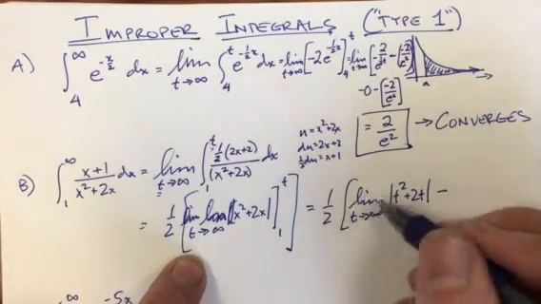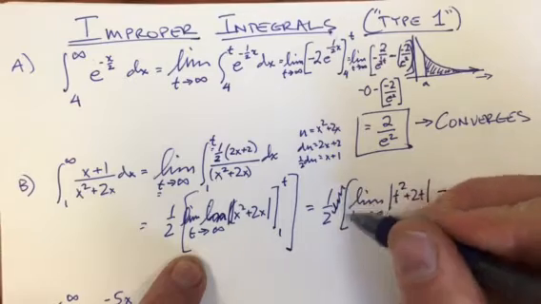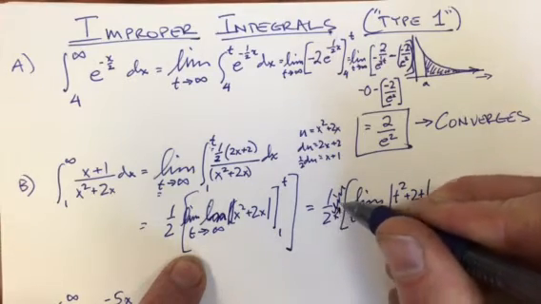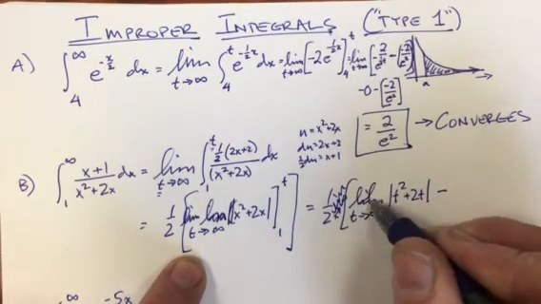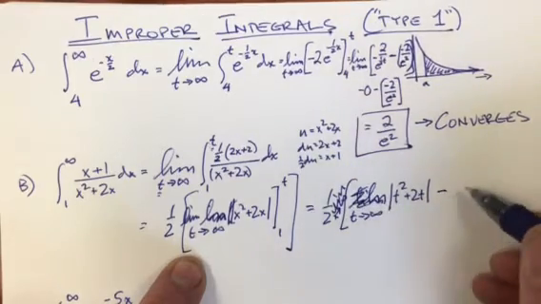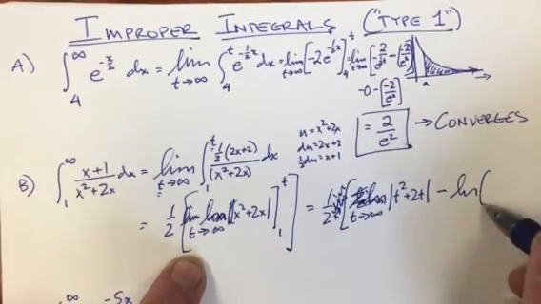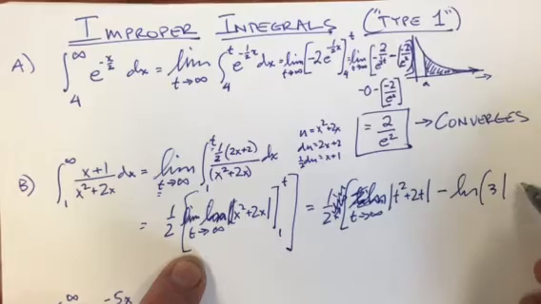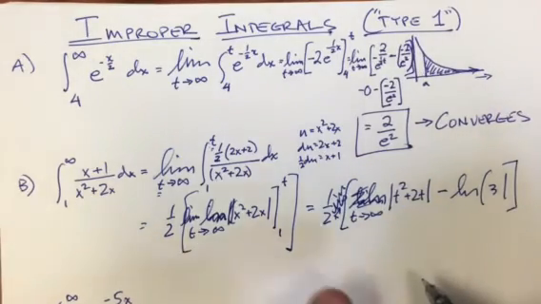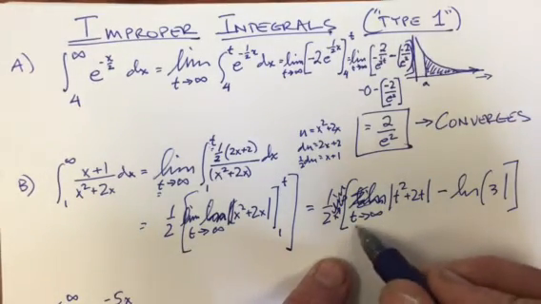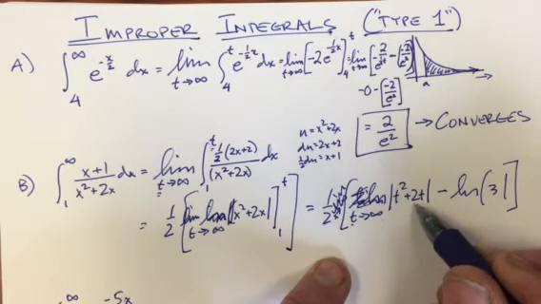So this is the limit as t goes to infinity of the ln of that, minus the ln of 3. All right. Well, what is the limit as t goes to infinity of t squared plus 2t?